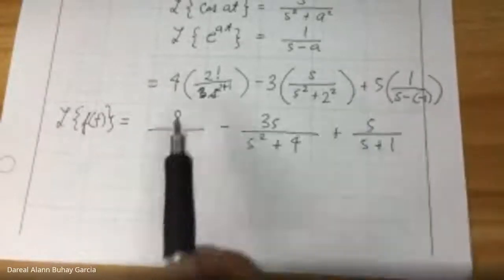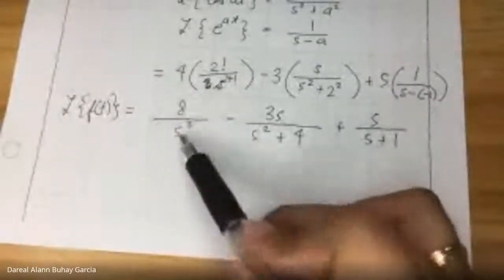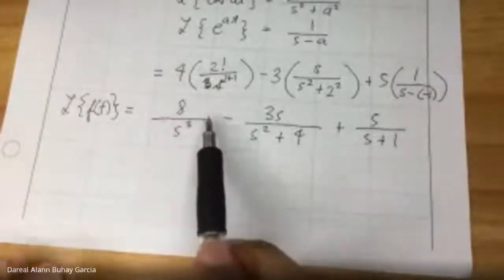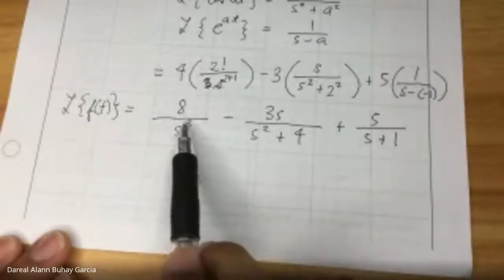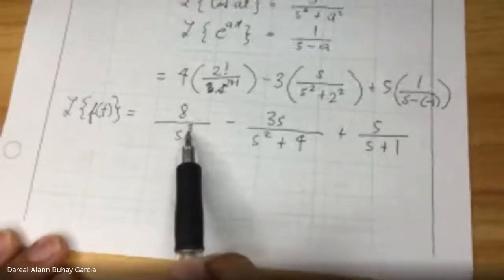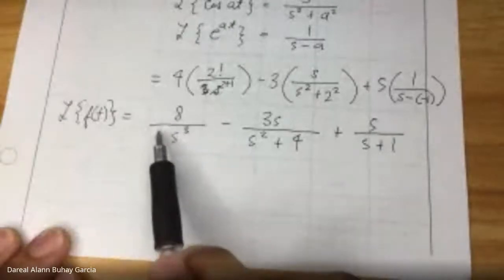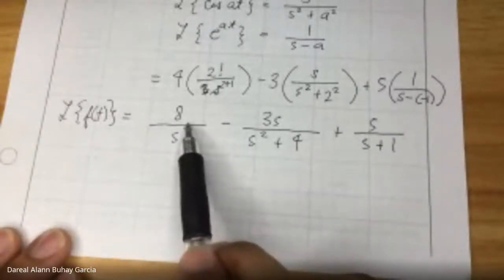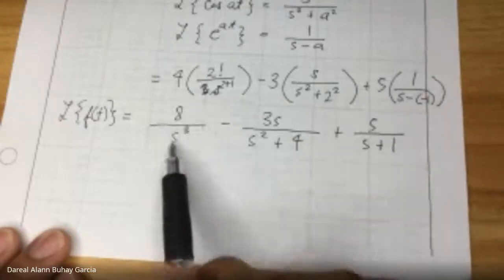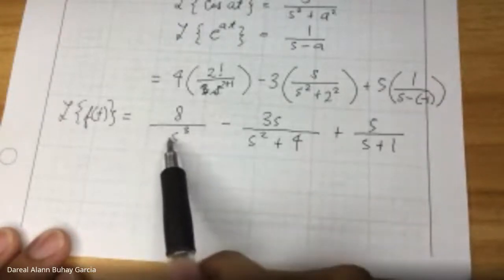Like this one, try to look at the leftmost one. Its denominator is s to the power of a constant, so we have an idea that its inverse is a plain polynomial function, t to the power of something.